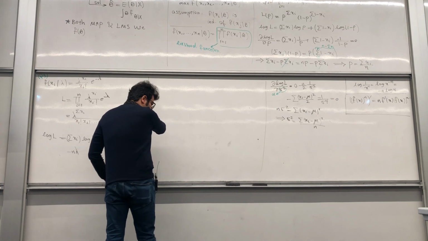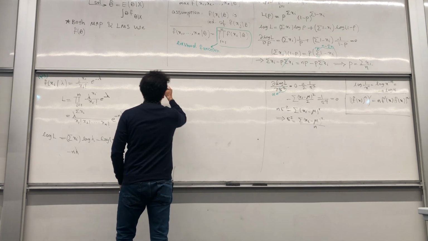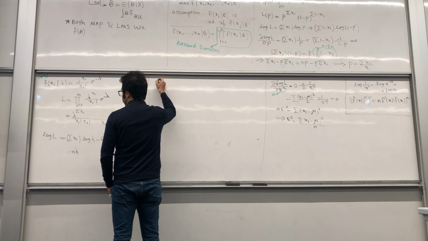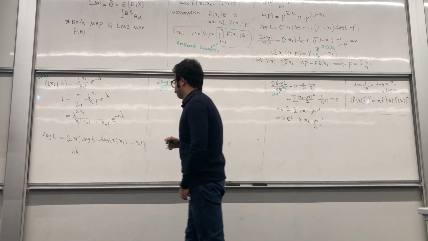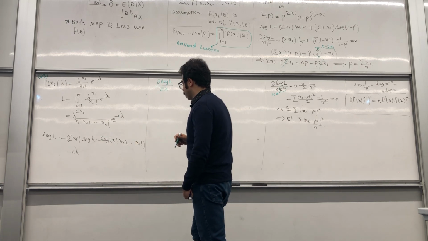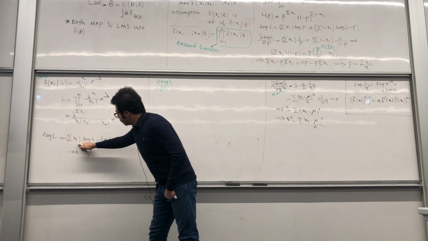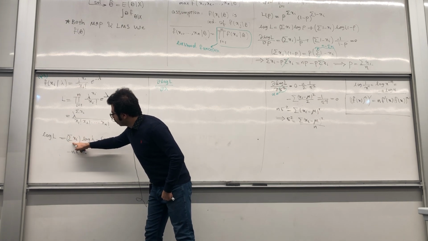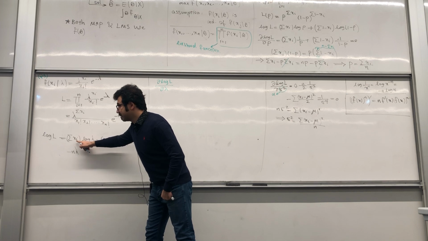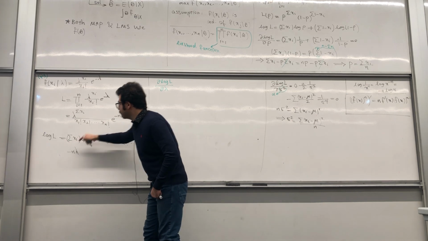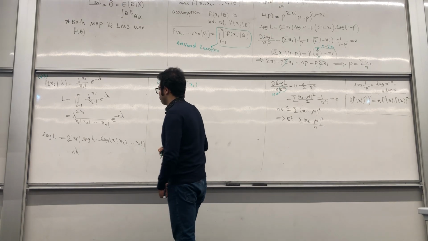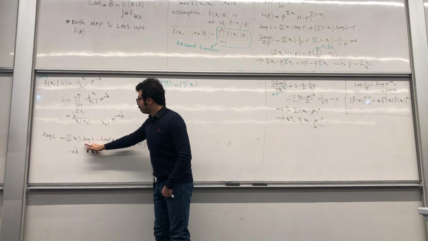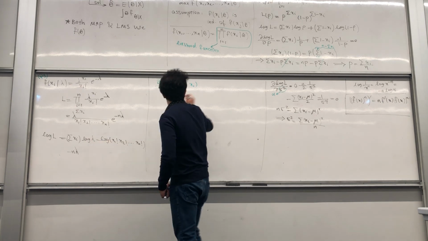So, as usual, I find the derivative of the log likelihood with respect to my parameter, which is lambda in this case. The summation of xi is a coefficient because it is constant with respect to lambda, so I just repeat it: summation of xi times the derivative of log of lambda, which is 1 over lambda.